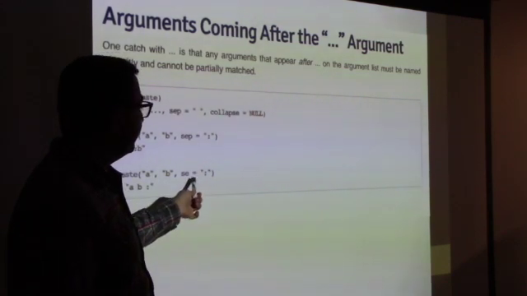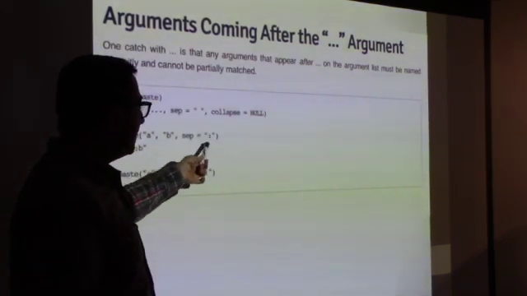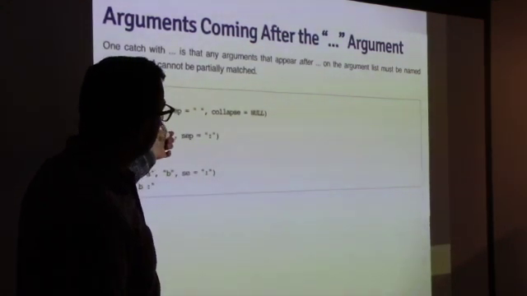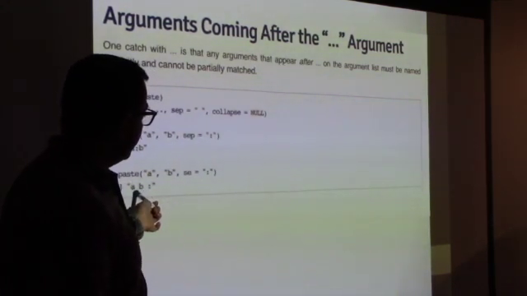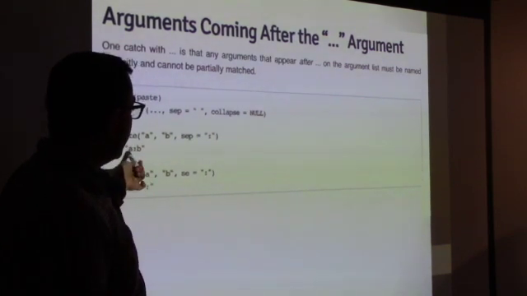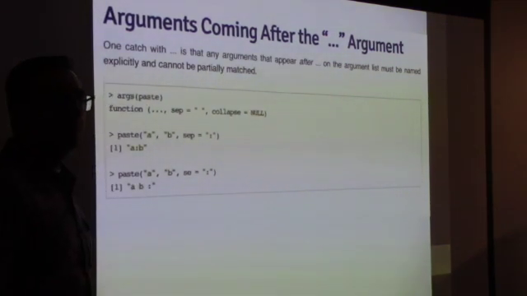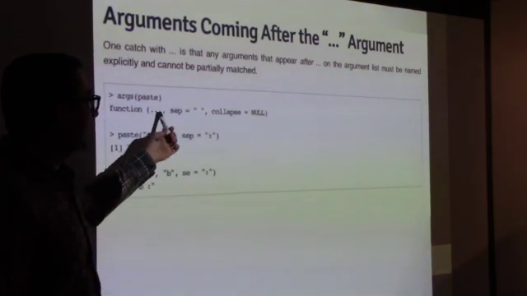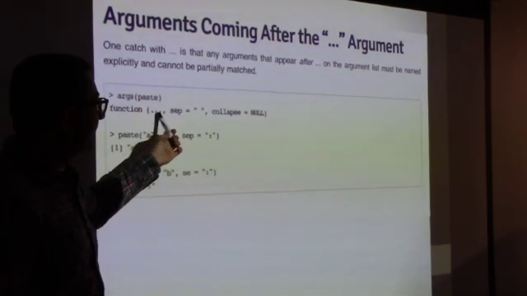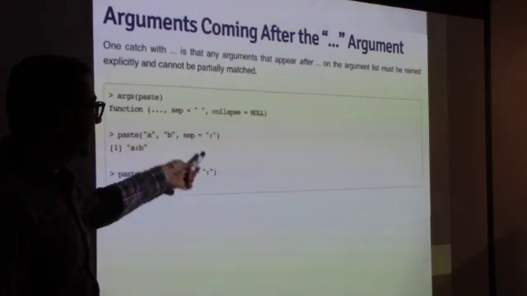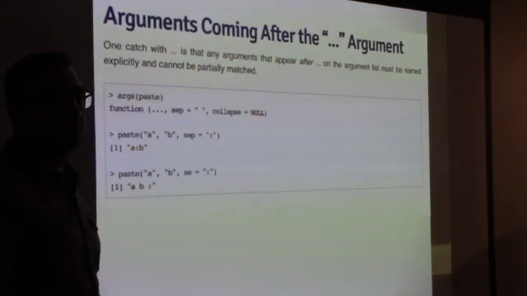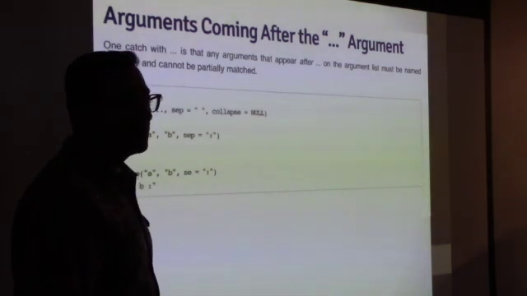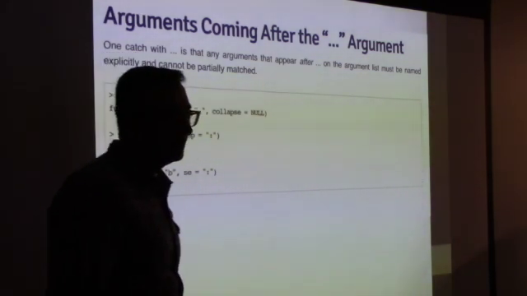I have to type sep equals colon. Otherwise, it just assumes that the third argument is also part of the dot dot dot, and it prints out a b colon instead of a colon b. It cannot do a partial match for any argument that is after this. So sep must be sep, not se. It's just a small catch for the dot dot dot argument. Figured you should know.